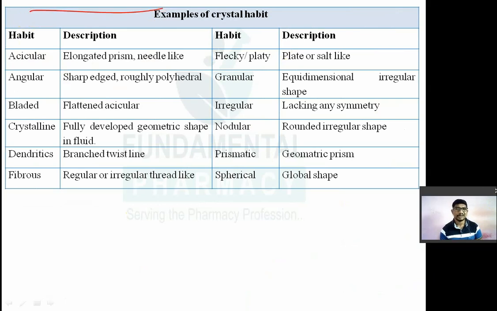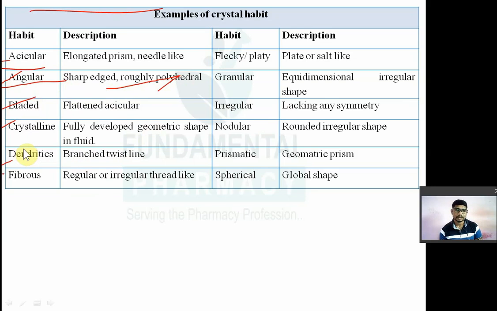Then next, you can see examples of crystal habit over here. Habit means the external structure of your crystal. There are different kinds of external structure like acicular, angular, bladed, crystalline, dendrites, fibrous. Acicular means elongated prism, like a needle-like structure. Needle-like crystals are known as acicular crystals. Angular means sharp-edged, roughly polyhedral structure. Bladed means flattened acicular. Actually, these are the descriptions of shapes of your crystal, so not much important.